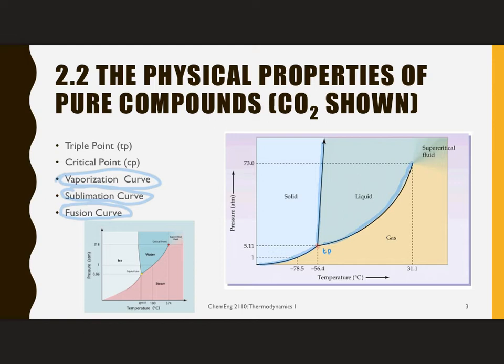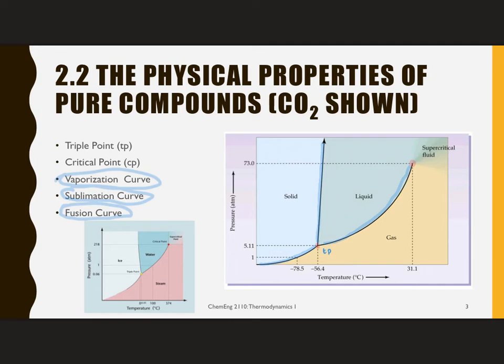Now we have one last point of interest, and that is up here at the top of this vaporization curve. That is called the critical point. Beyond the critical point, you no longer have a clear liquid and gas phase separation. This is also a point, a unique temperature and pressure that's identifiable for a pure substance.